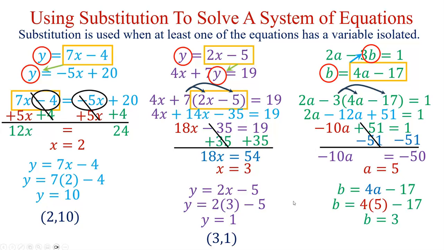So we now have the ordered pair. And again, because it's an ordered pair, it's in a particular order, in this case alphabetical order. So we'll put the a first and the b second. So (5, 3). Hopefully this gives you a better understanding of how to apply substitution when solving a system of equations.